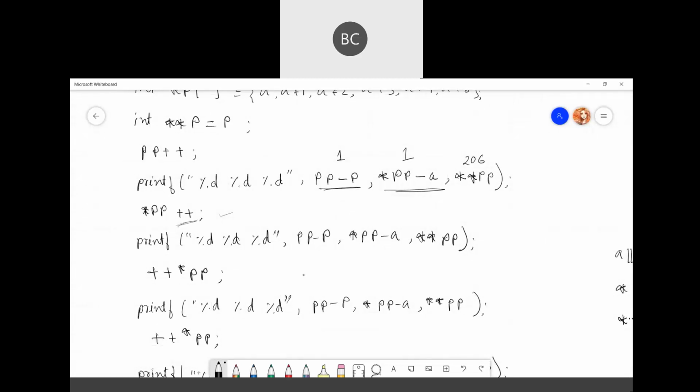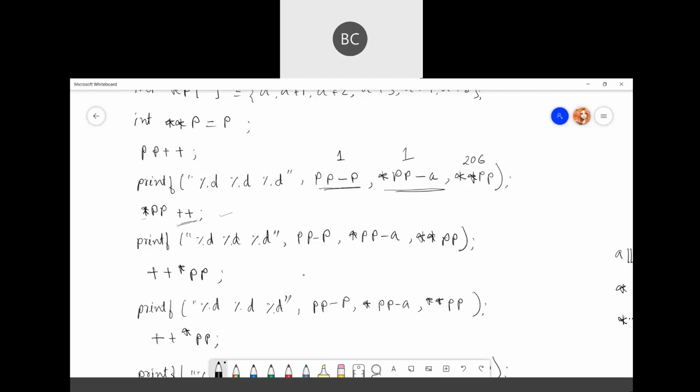Here the double increment and the asterisk pointer have the same precedence. If same precedence, you have to check the associativity rule. Associativity is sometimes left to right, and in some cases it is right to left. But in this case it will be right to left.